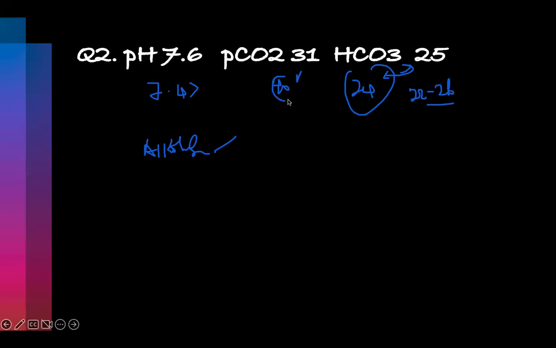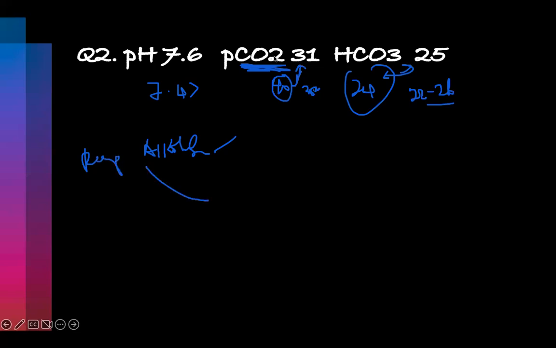From 40, it has decreased to 31, which is below the normal range, 35 to 45. But you don't even have to go there. You can see that this has gone down, and that is what is contributing to the respiratory problem. And since this is the CO2, it's a respiratory problem, I put respiratory alkalosis.